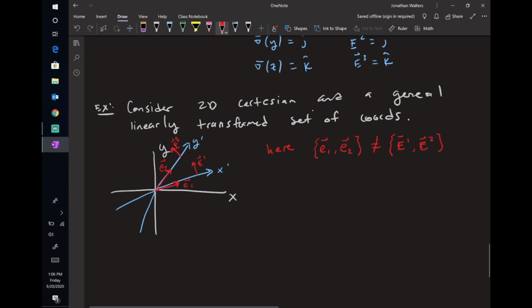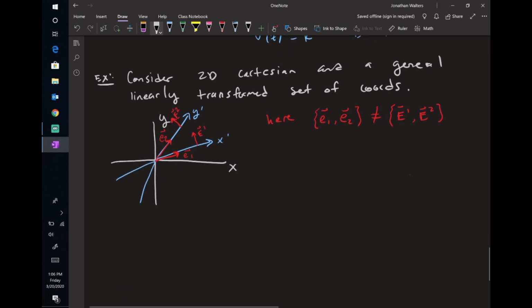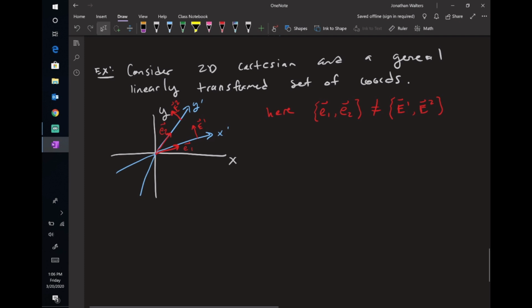So the question really is, when are these two sets of basis vectors, or when are these two bases, the same? So question: when is the set of lowercase e_i equal to the set of uppercase E_i?